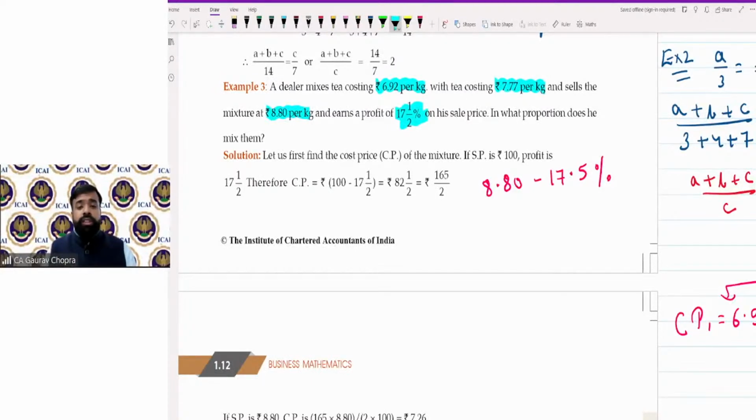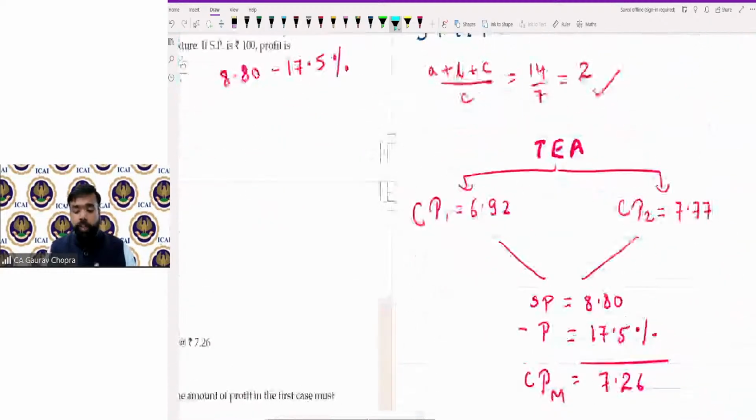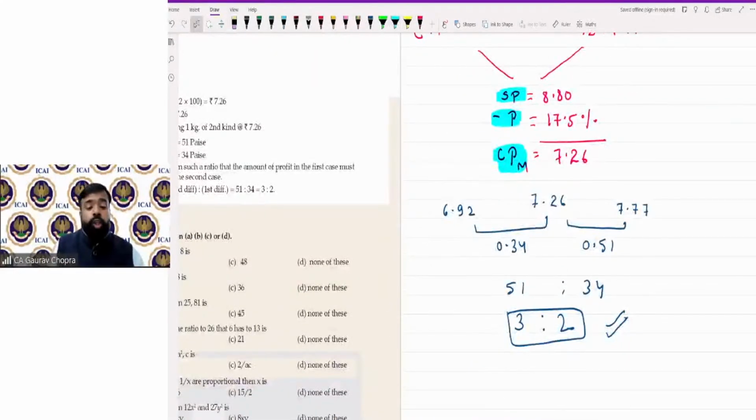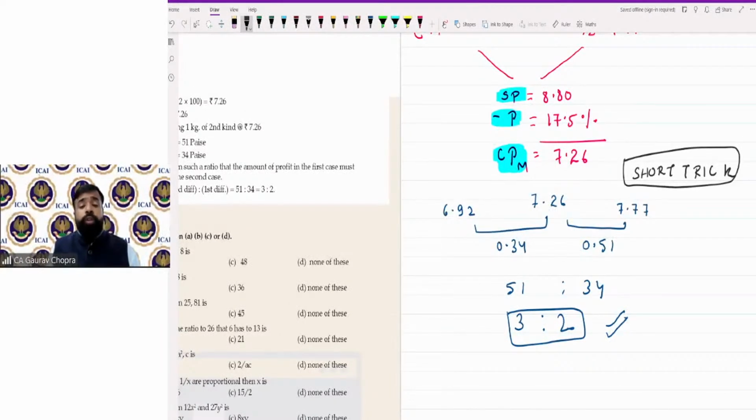So what is always the simplest way? First we do selling price minus profit. From the selling price, you subtracted the profit, and you get the cost price of the mixture. Now we have done this shortcut. This is a short trick which we have done. According to this short trick, you have to calculate the difference.